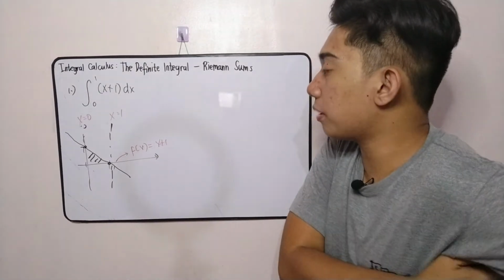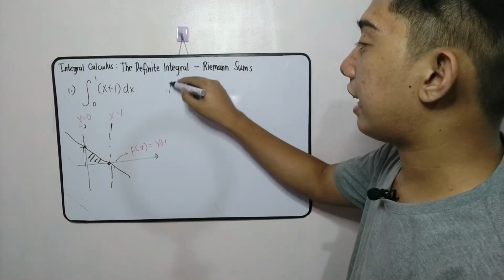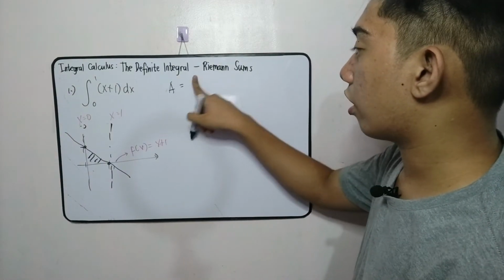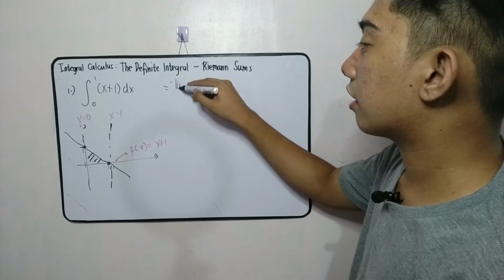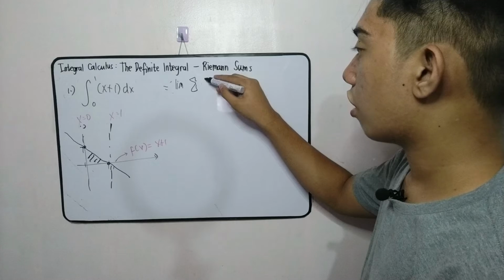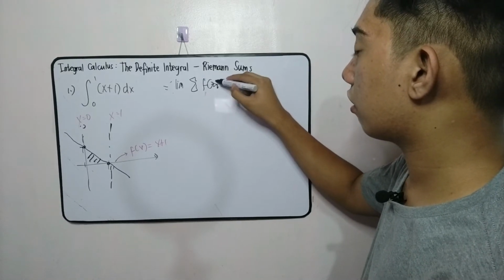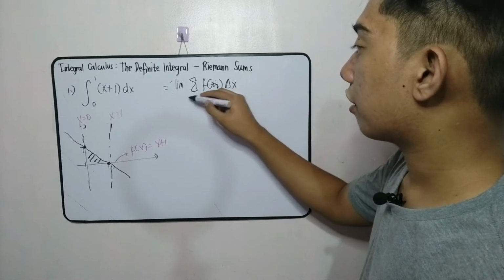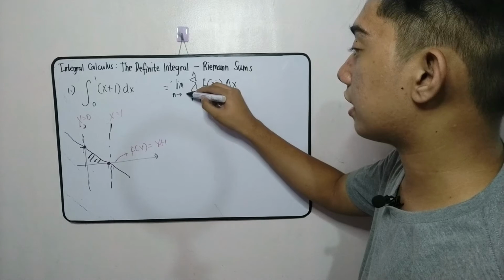Okay? So, the formula for the Riemann sum, as we recall, is area is equal to the limit of the summation of f of z sub I delta x as I is equal to 1 to n and as n approaches infinity.